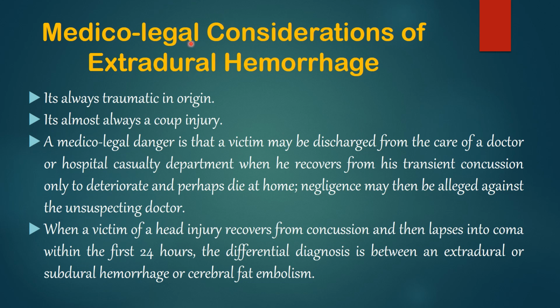Different medicolegal considerations of extradural hemorrhage: it is usually traumatic in origin, and it's almost always a coup injury. That means the extradural hemorrhage is formed at the site of the application of force, the direct site of the application of the force. If there's bilateral extradural hemorrhage, that means the force has been applied on both sides.